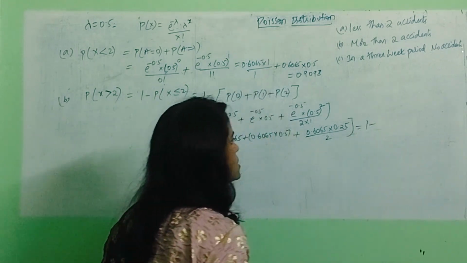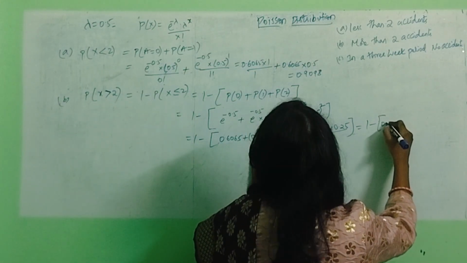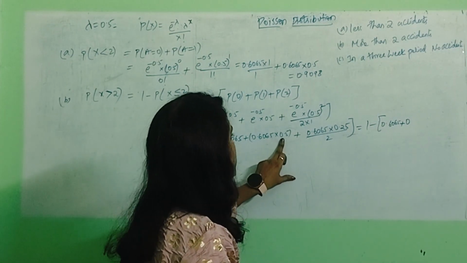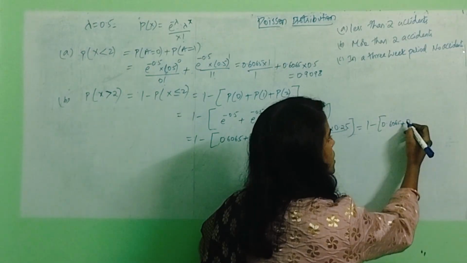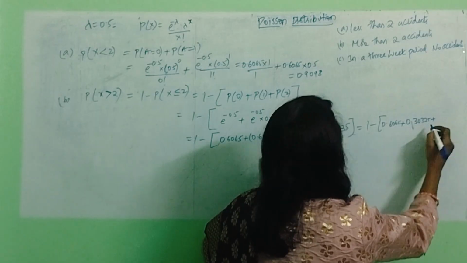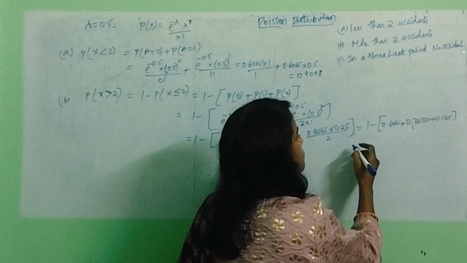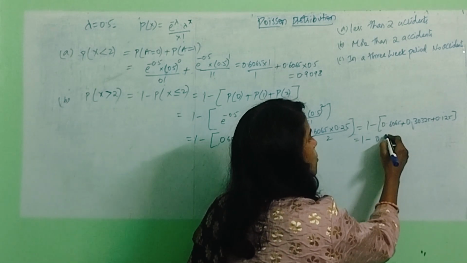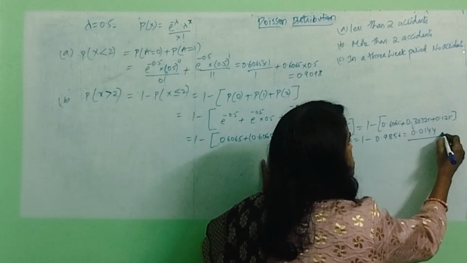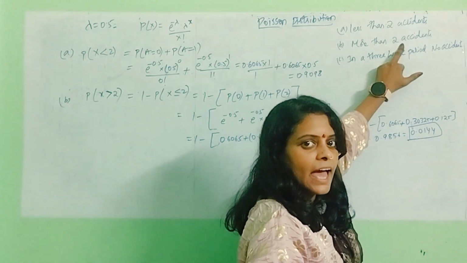That is 1 minus, 0.6065 plus 0.6065 into 0.5, which is 0.30325, plus this total value, 0.125. So what will be the value? 1 minus 0.9856, that equals 0.0144. So this is the probability that more than 2 accidents can happen.